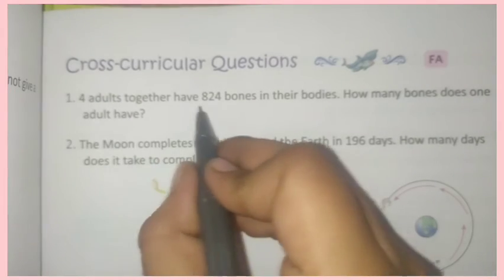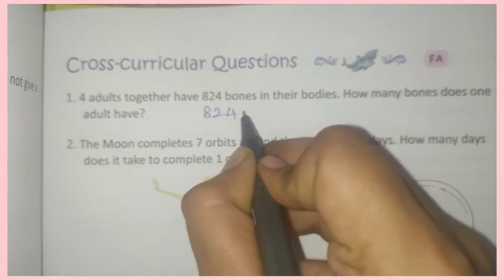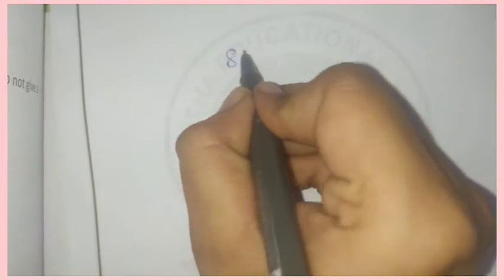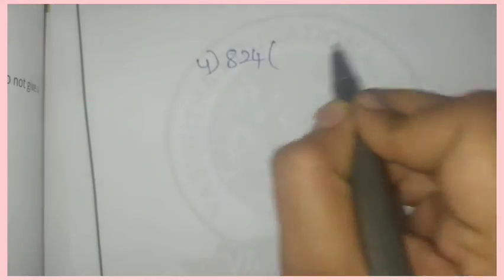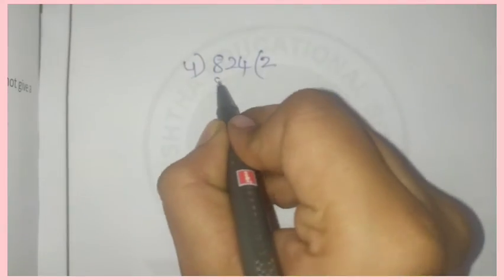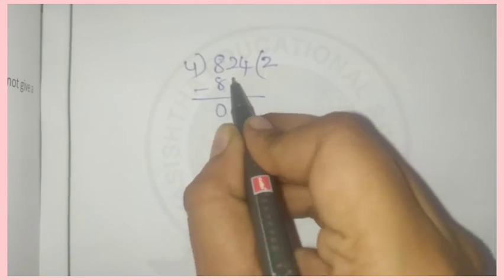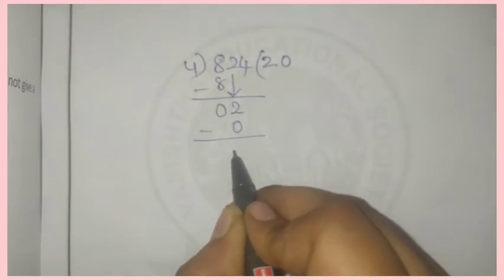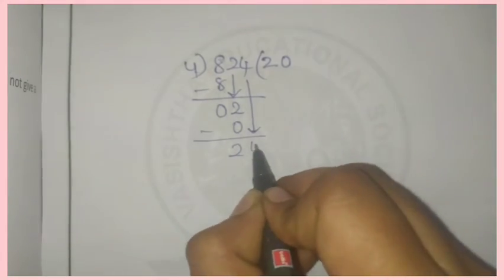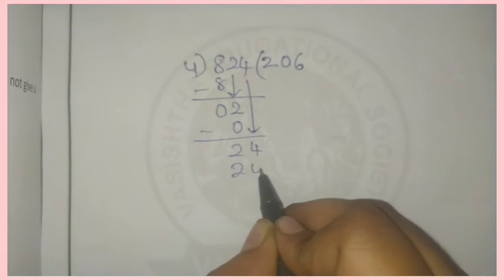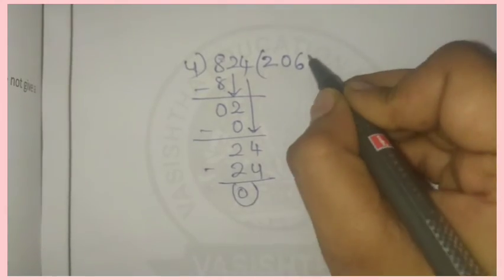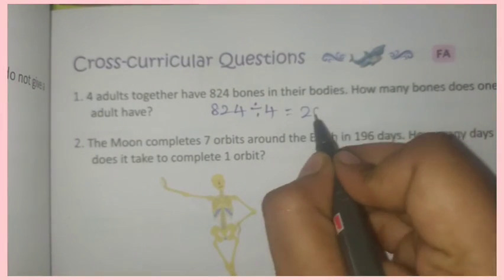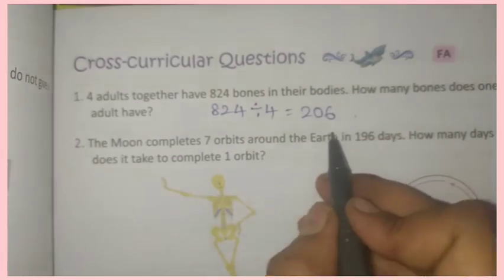Simply we will divide this, 824 divided by 4. 4 2s are 8. 8 minus 8 is 0, and we'll write this 2 here. 4 zeros are 0. 2 minus 0 is 2, and this 4 will be written here. 4 6s are 24. 24 minus 24 is 0. Therefore, 206 bones are there. Okay, one adult has 206 bones.